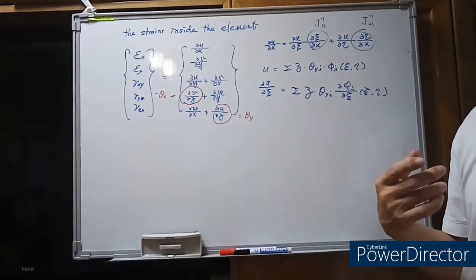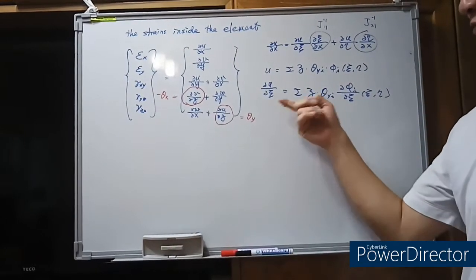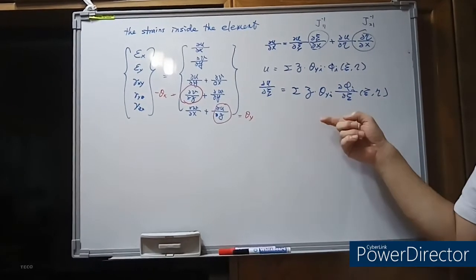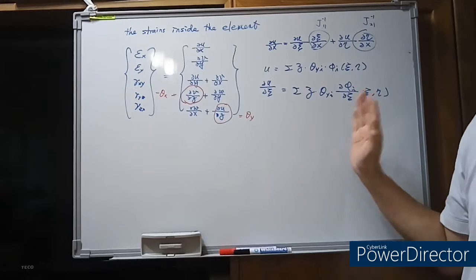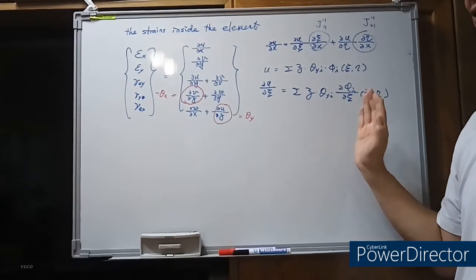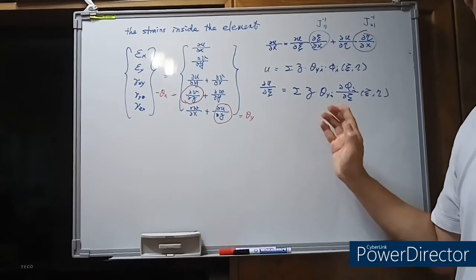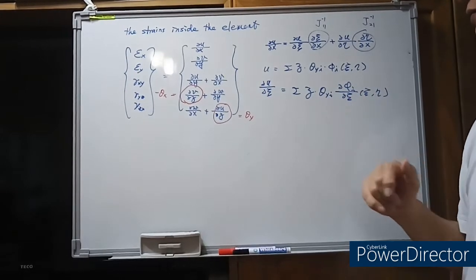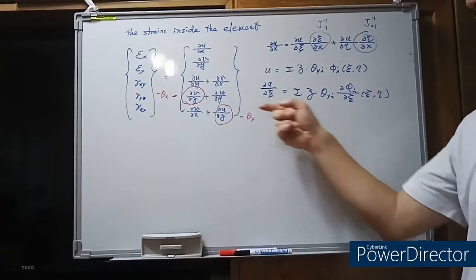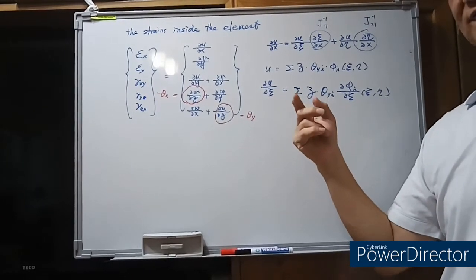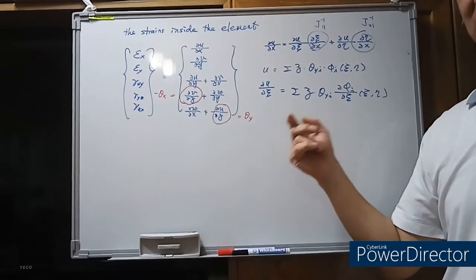So we will express this term by a row matrix multiplied by the column vector. The column vector includes the nodal displacements wi, theta xi, and theta yi. And the row matrix is also one row of the B matrix.